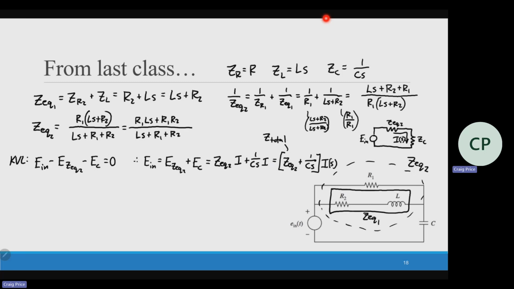And let's write that out a little bit. So En is equal to, I've got this R1 LS plus R1 R2 over LS plus R1 plus R2, plus 1 over CS.